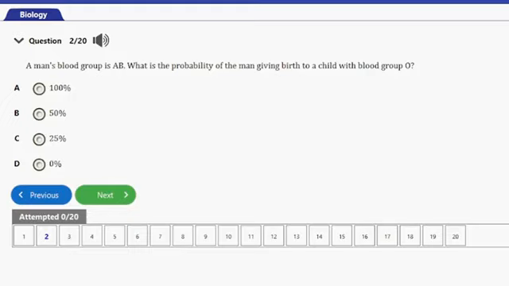So it's not possible for that to occur. So the probability is 0%. Let's go ahead and check out the next question, guys.